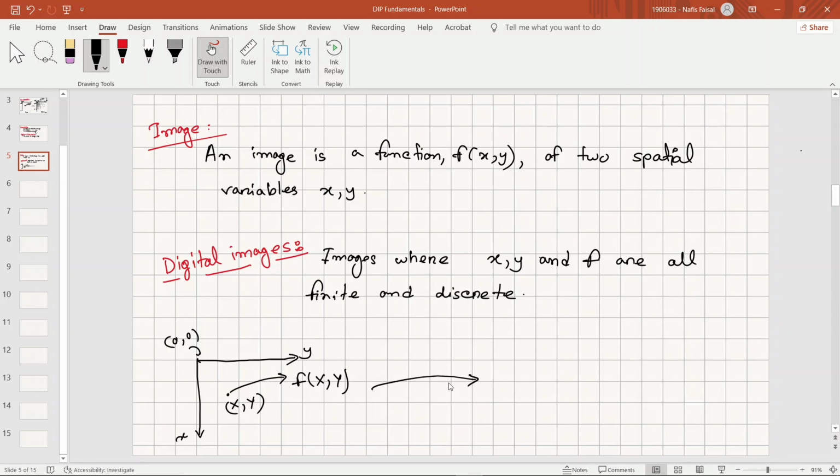So if we discretize the spatial axis and quantize the values of the function of the intensities, then what we get will be a digital image.